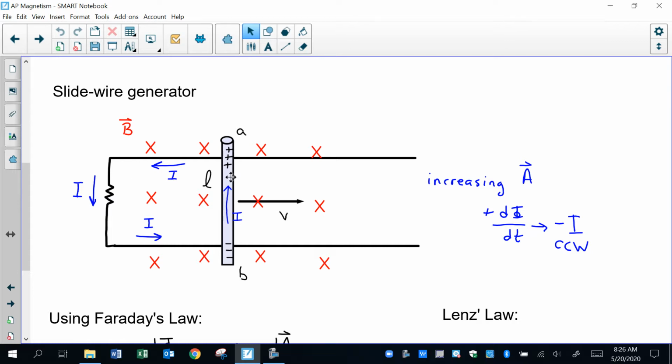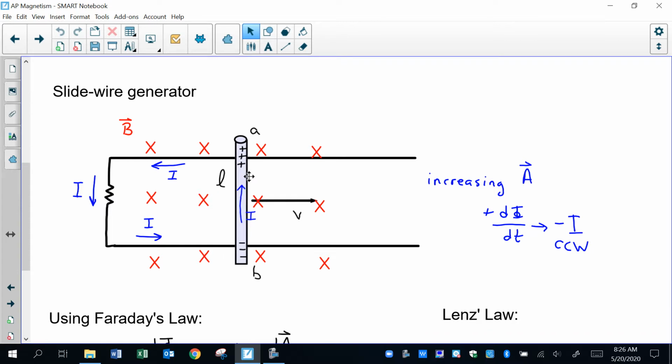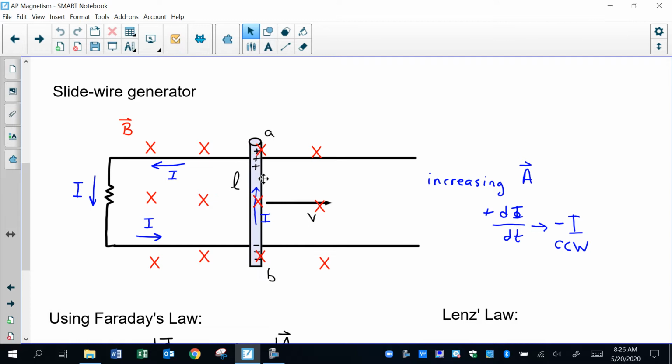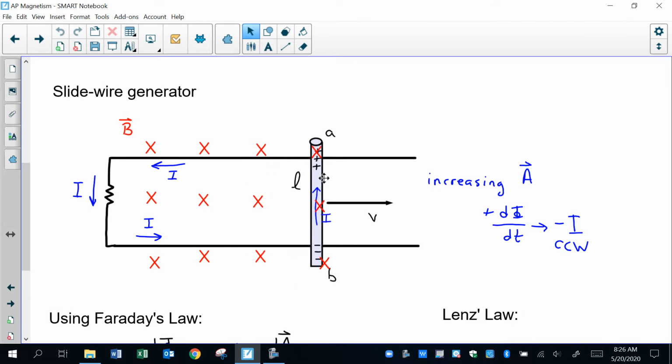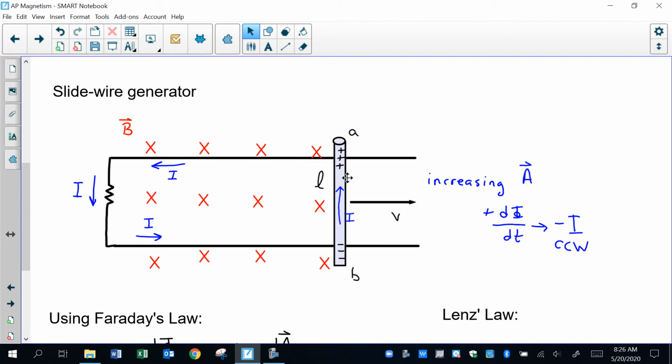Well, as I slide this, and let's see if this is all connected together. This might be a disaster. As I slide, oh no, it's good. As I slide this over, I haven't changed the strength of my magnetic field. What have I just done? I have changed the area. I have enclosed more arrows. You might say, yeah, but this field isn't any stronger. It doesn't matter. Flux is how many field lines are going through an area.